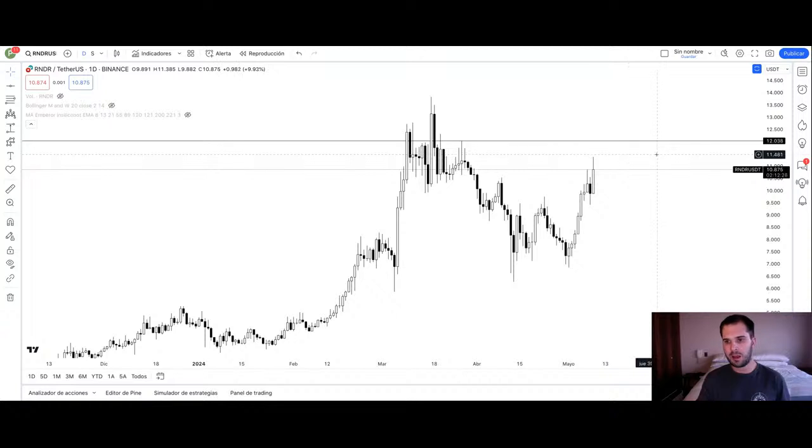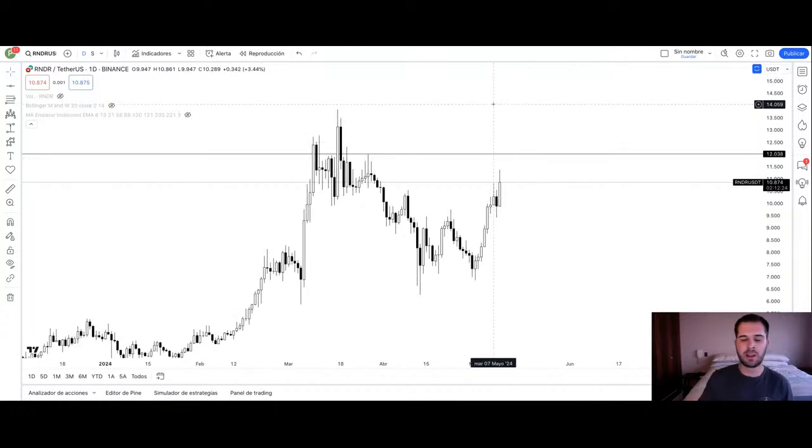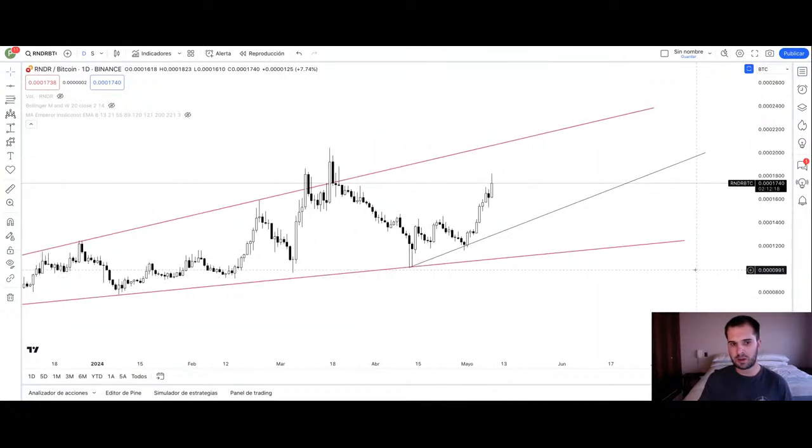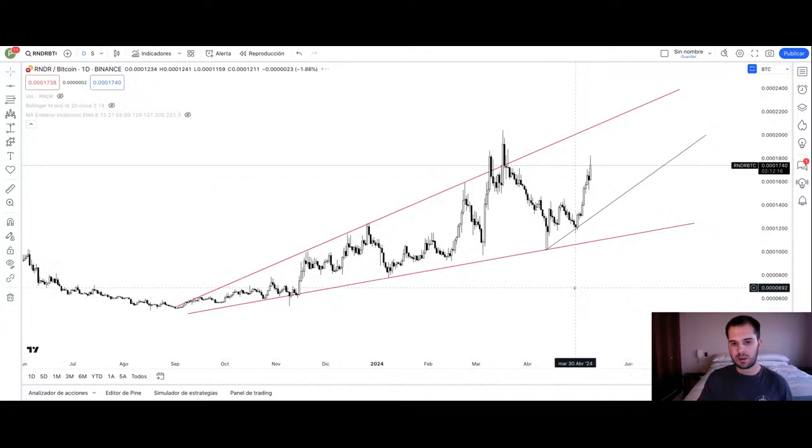phenomenal. And it's not the USD chart where I found an edge, but it could be the Bitcoin pair here where I found a structure. This is an expanding ascending channel, or a broadening wedge, as some people call it.